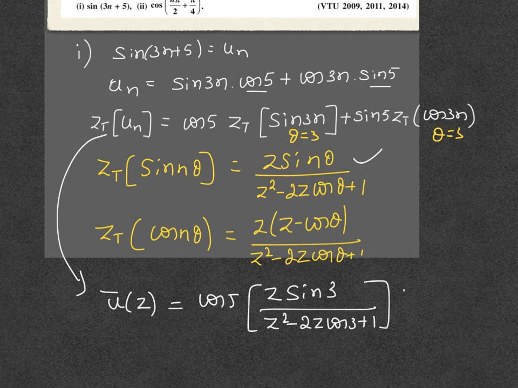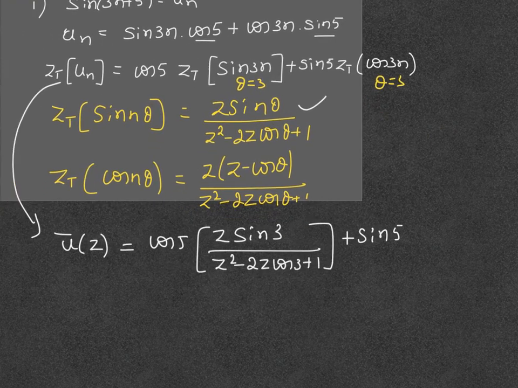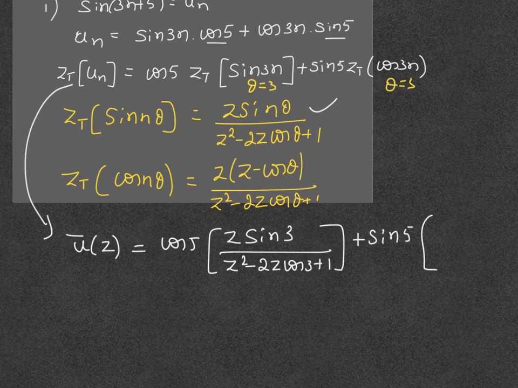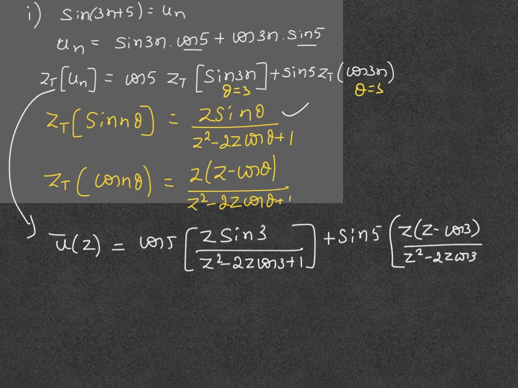Similarly, the other one, keep sin phi as it is, and z into z minus cos 3 divided by z square minus 2z cos 3 plus 1.